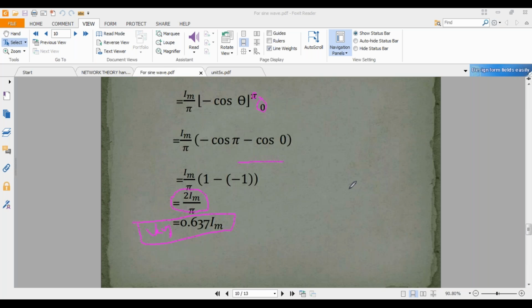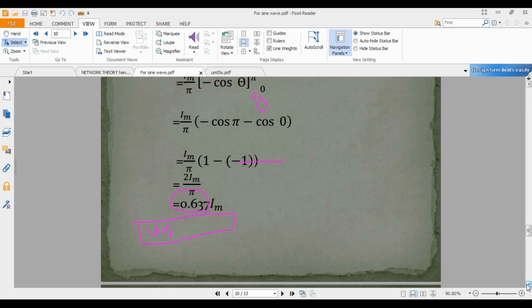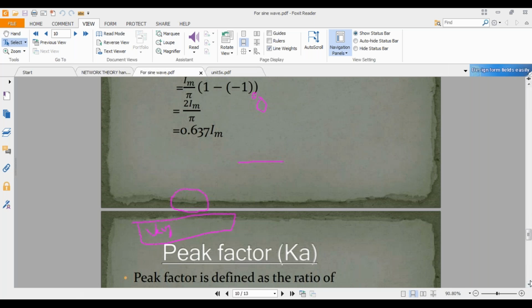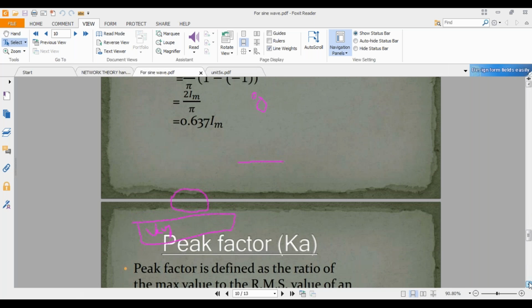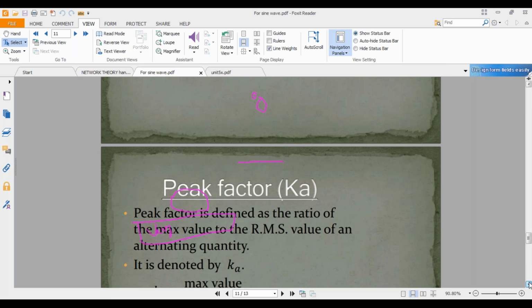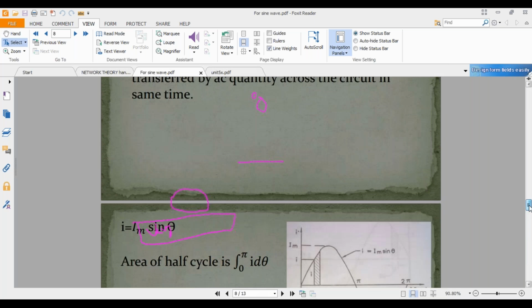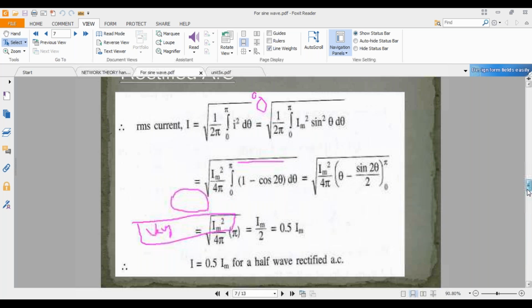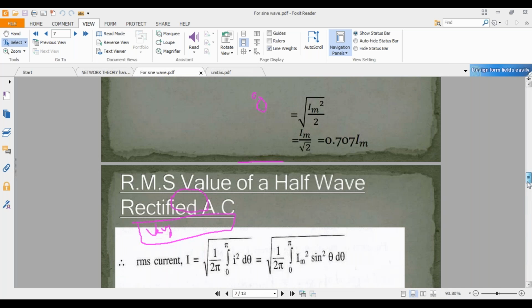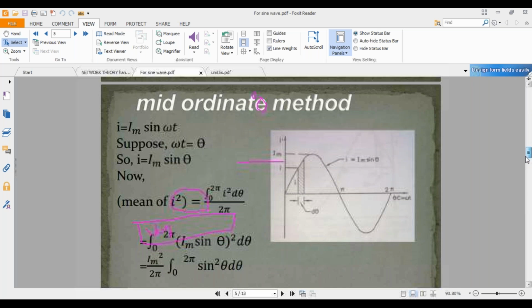Okay, that is how to calculate an average value for a sinusoidal waveform. Similarly, the RMS value of a sine waveform can also be calculated in a similar manner.